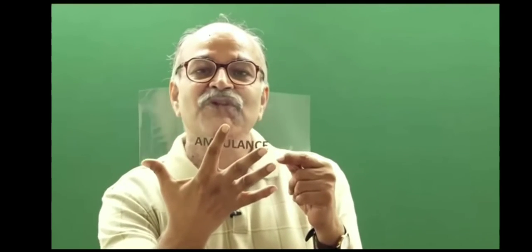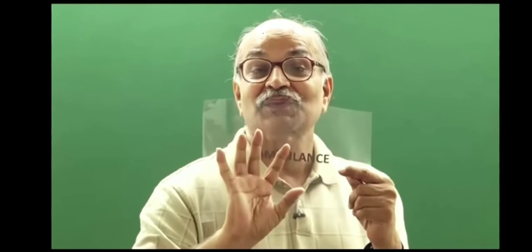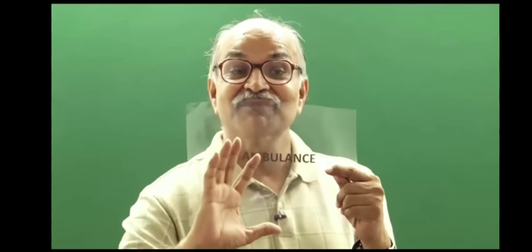It depends on from which side I am seeing. Write something on the transparency and see from this side, see from this side, and you will see that there is an inversion. So inversion depends on the viewer. The mirror is not inverting. It is the viewer who sees the object with one orientation of the head and the image with another orientation of the head, and that is why that inversion seems to be there.